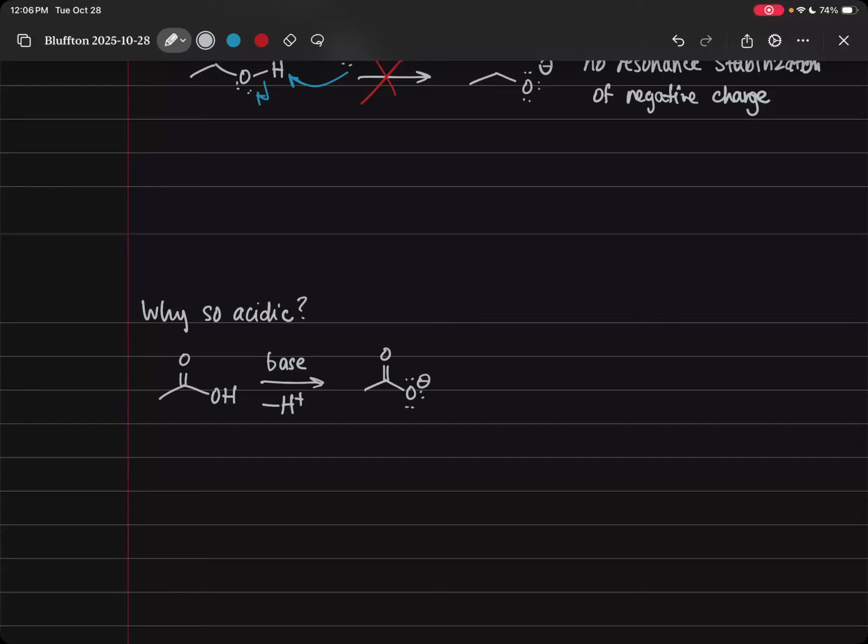But, and this is the crucial part, we can draw a resonance structure of that ion where we distribute the negative charge. So we can form a carbon-oxygen double bond there, and we can have these electrons move up onto that oxygen.